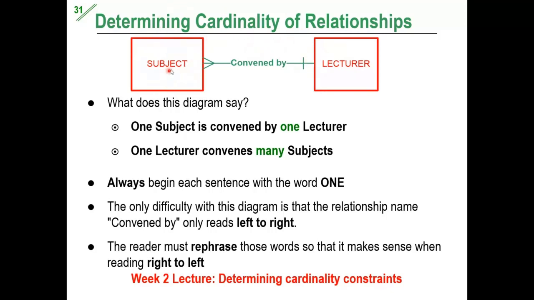Now always the cardinality is established in the opposite direction. So one subject is convened by one lecturer. One lecturer convenes many subjects. So I can teach many subjects. I am actually convening two subjects in this semester. So me, myself as a lecturer, convening many subjects. That is what we mean by this.